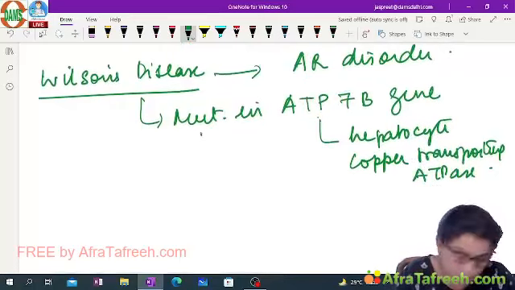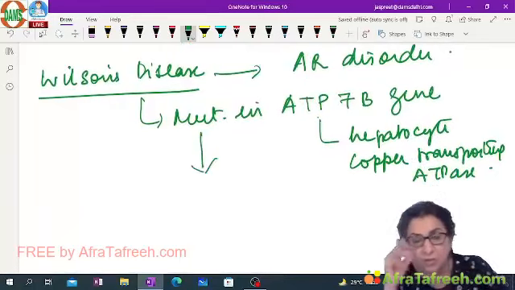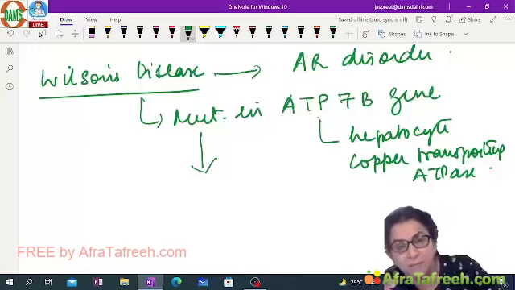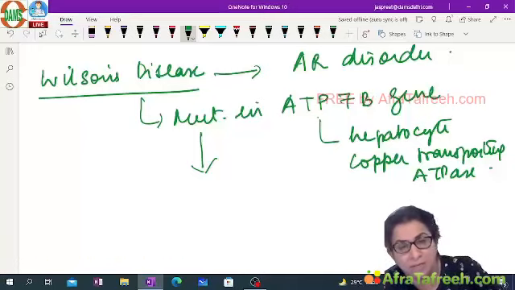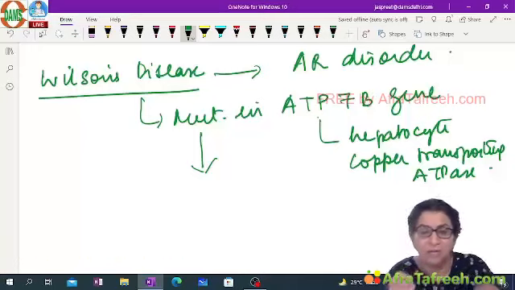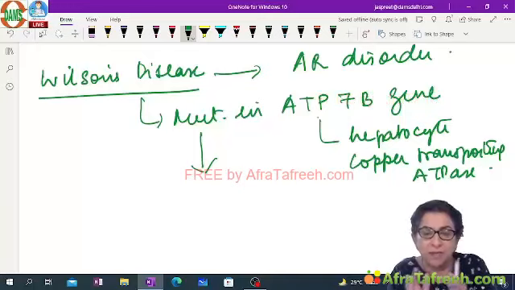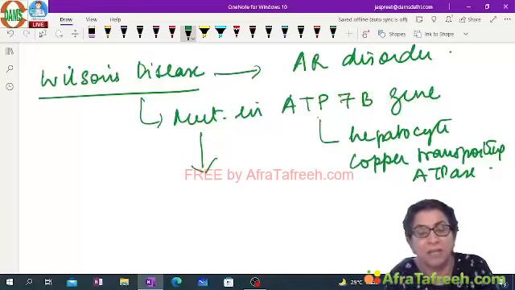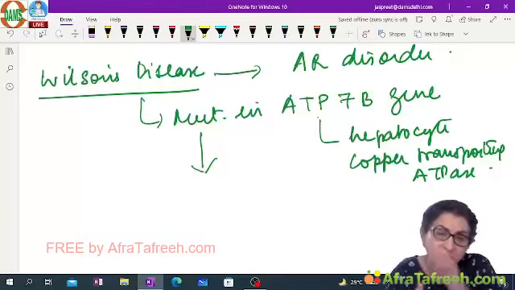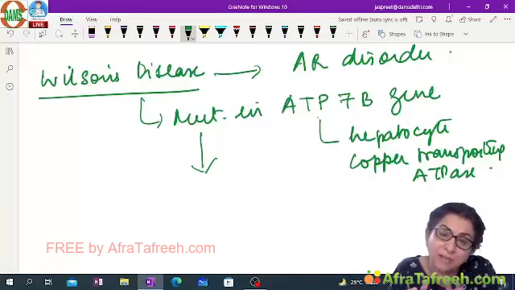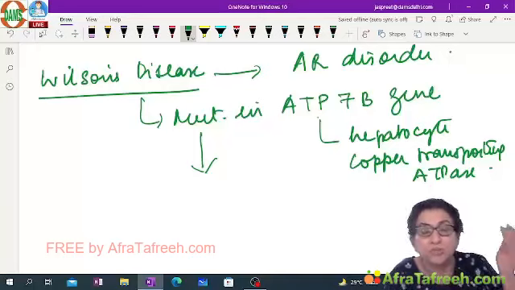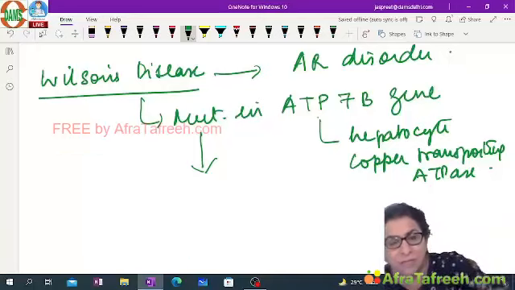Now when there is a mutation in this ATP7B gene, ceruloplasmin cannot come into the blood. So copper levels will increase in the hepatocytes, and copper will spill into the blood.